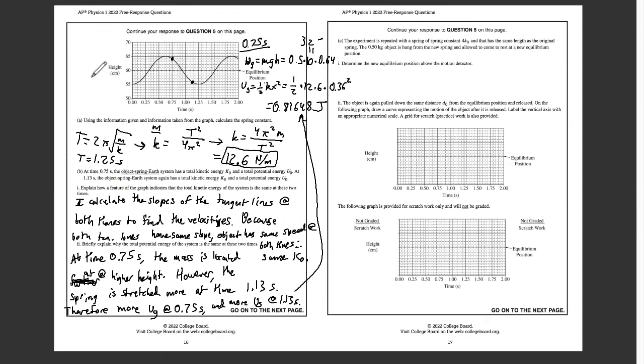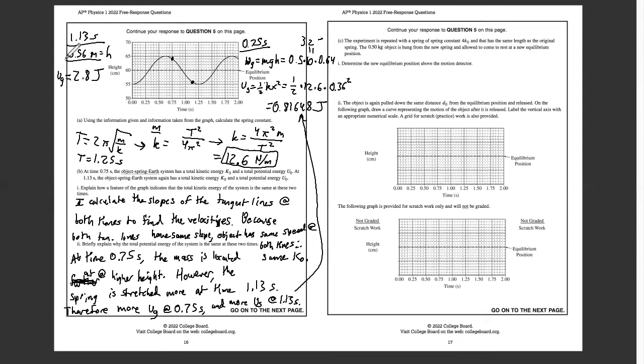Now, if I go to 1.13 seconds, then I'm at approximately 0.56 meters in terms of height. So therefore, gravitational potential energy is going to be equal to, and you can double check this using the formula if you want, 2.8 joules.